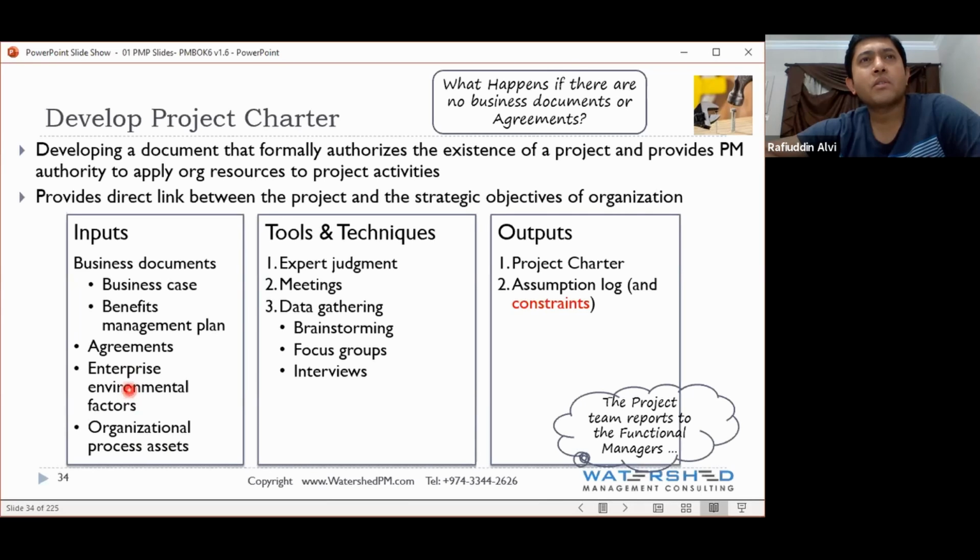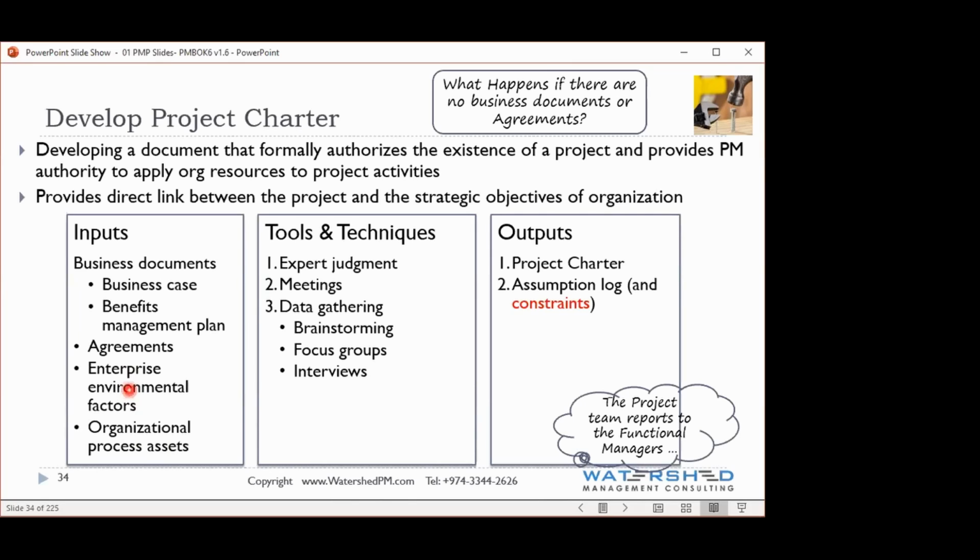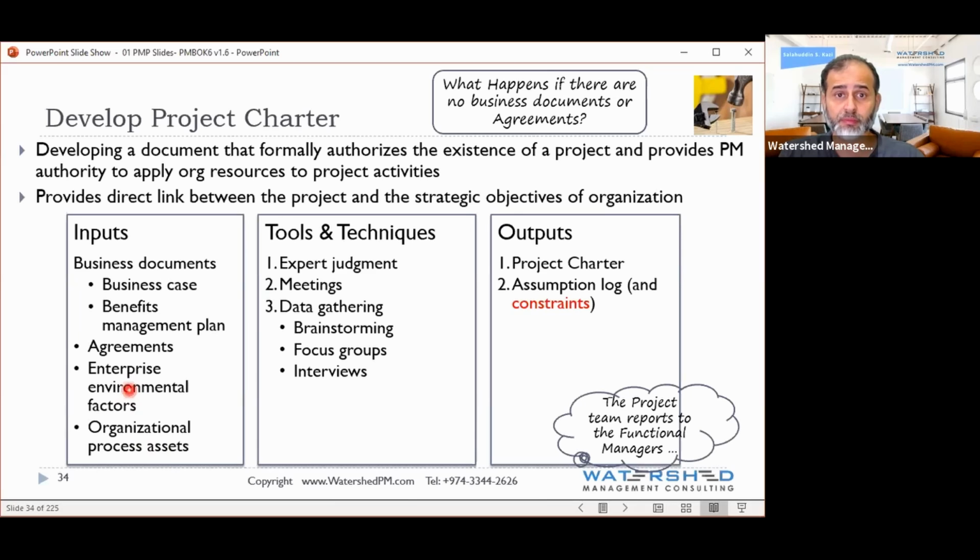Nature of the organization, that's work culture in the organization. Work culture is one thing. Now take a quick moment to see why this can be an input. Before we talk about enterprise environmental factors, let's go back to organizational process assets.